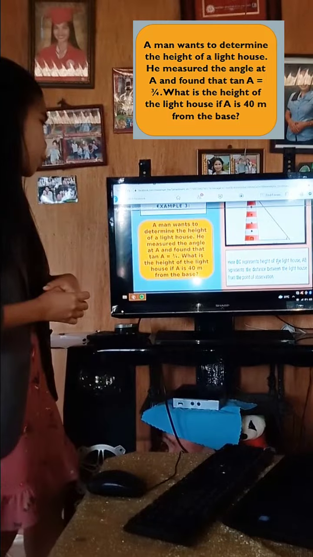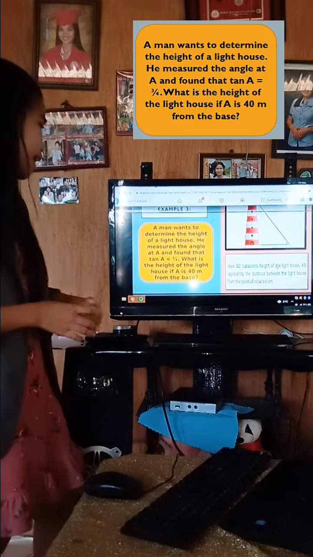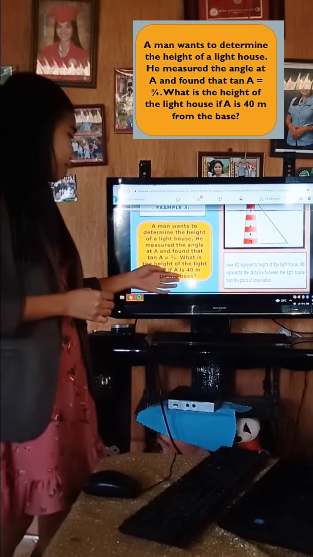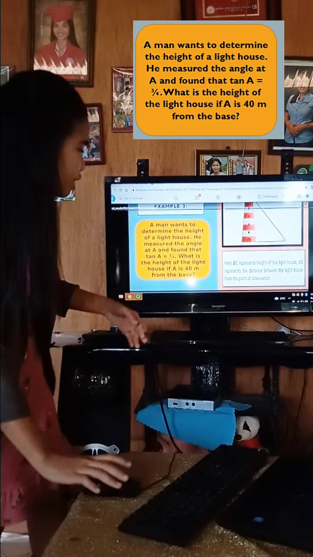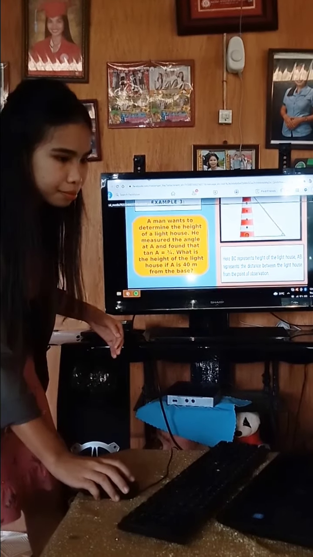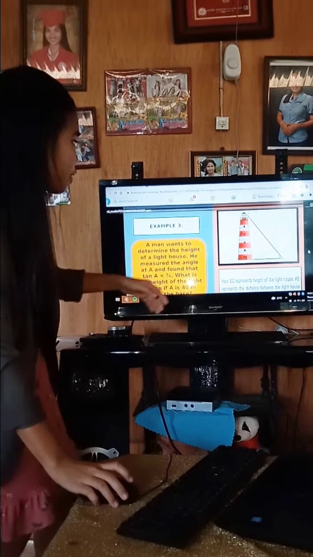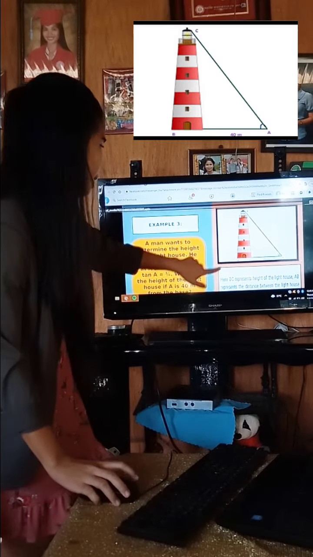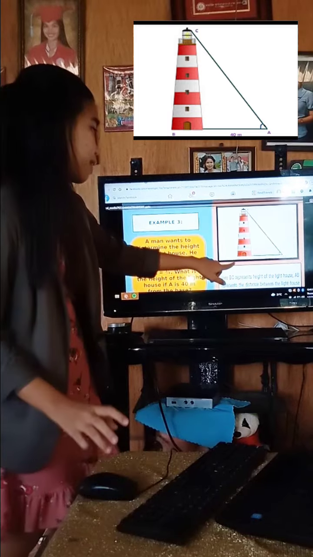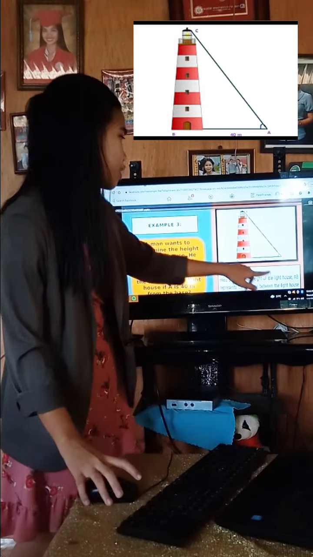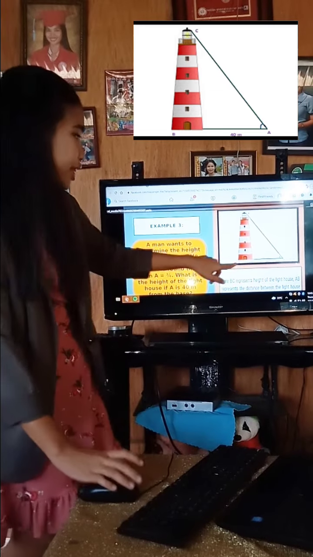So we are asked to find the height of the lighthouse. This is our figure. Side BC represents the height of the lighthouse.